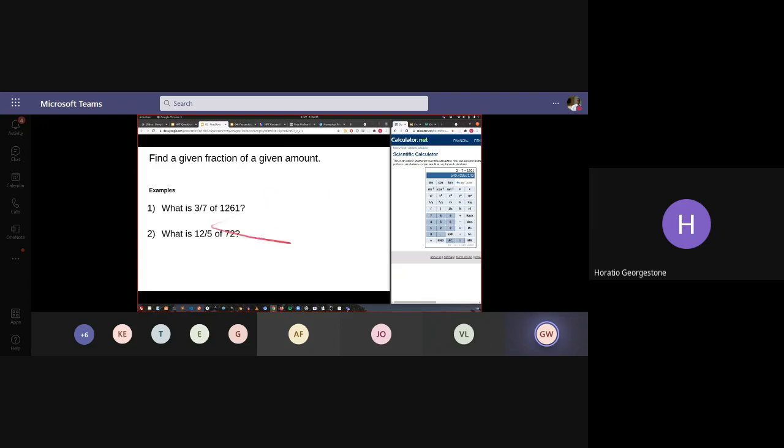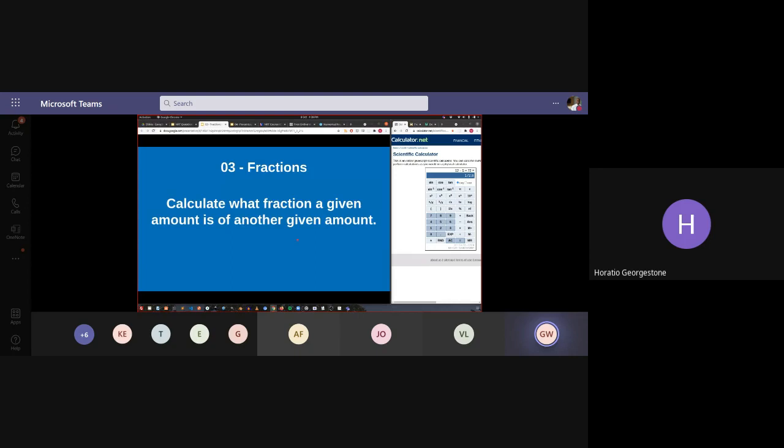Then for the other one, 12 over 5 times 72, we get 172.8. Notice that is bigger than the starting value. That's because our fraction is top-heavy, so we're essentially multiplying by a value that's more than 1. In fact, it's about 2.4.